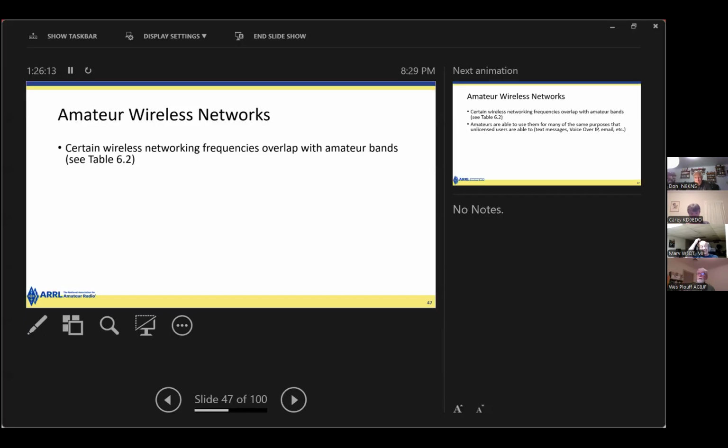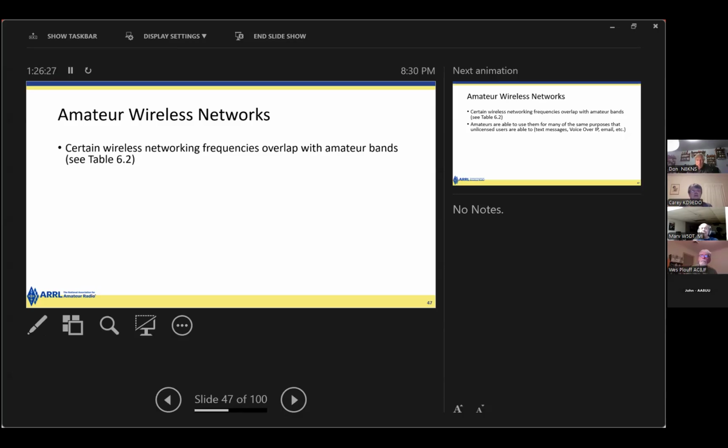Okay, so I'm going to share my screen here. Can people see the thing that says Amateur Wireless Networks? Yep, looks good. Can you see just the one slide, or does it include a small one to the right? I see a little slide and a big slide.